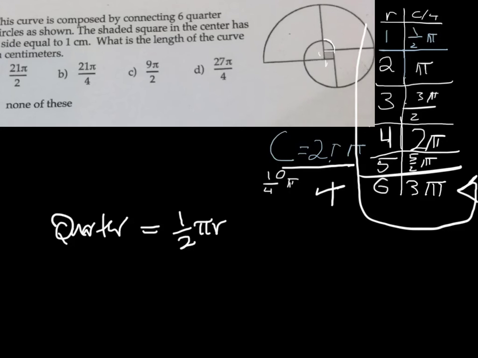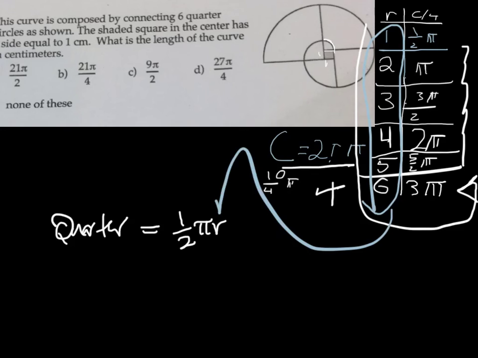So we could just start with this formula, and you'll notice that everything on the right column is just the radius divided by 2. If I'm adding all the resulting circumferences, it's actually much easier to add the radii and then put it right there in that formula.